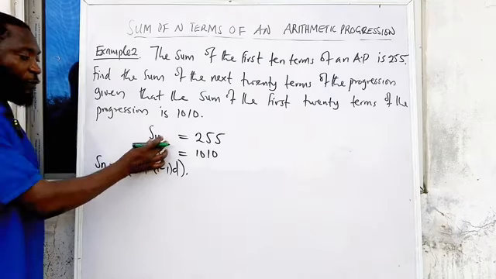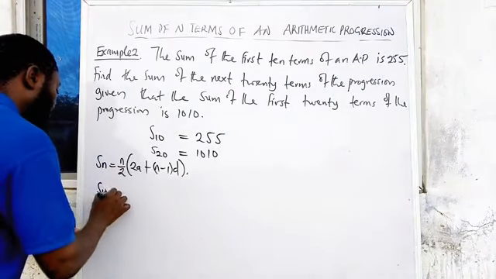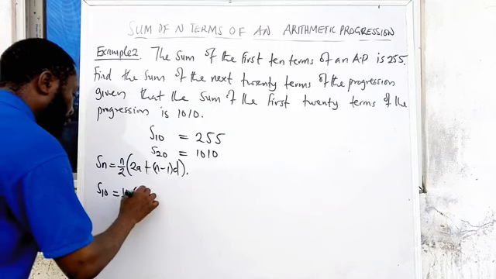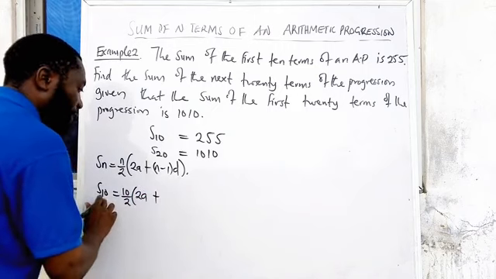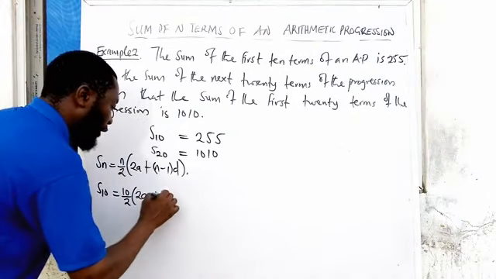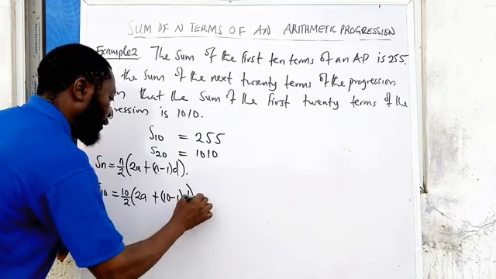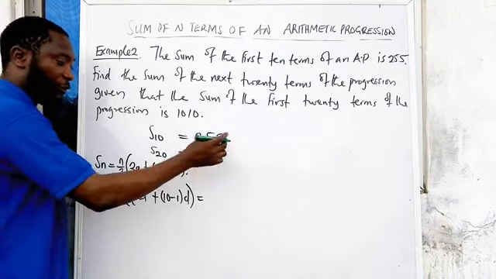Now meaning the sum of the first 10 terms will now be S10 equals 10 divided by 2, open bracket 2 multiplied by a, which is 2a, plus n is 10. Our n is 10. So that is 10 minus 1 d, close the bracket. Everything equals 255. Your S10 equals 255.